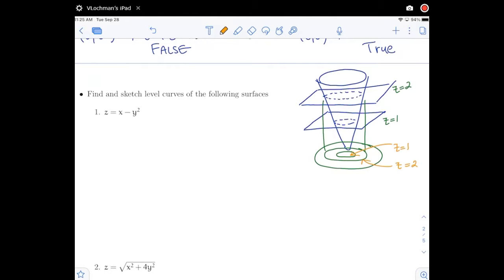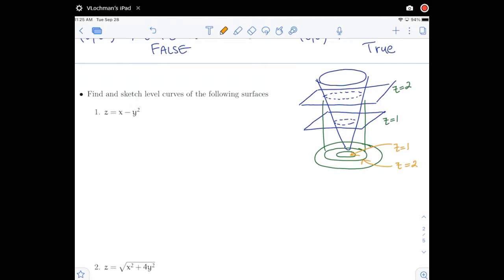And Wolfram Alpha, if you haven't played around with it, is an excellent free tool that lets you see these curves and the surfaces themselves. So we're going to talk about how to construct these by hand. But my recommendation is to just go to Wolfram Alpha after the lecture and plug in 3D plot of your function, and you will see nicer curves, because sometimes it's hard to visualize this with the pictures that we do by hand.